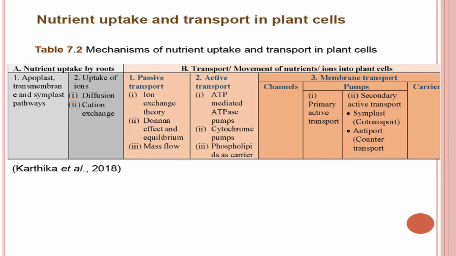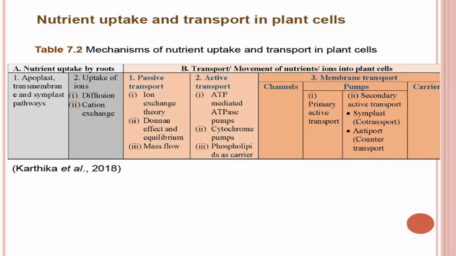Number 2, the second pathway for nutrient uptake by root is diffusion and cation exchange. Then comes the transport or movement of nutrients or ions into the plant cells. It is by three mechanisms. See the three mechanisms. Number one is passive transport. Number two is active transport. Number three is membrane transport.